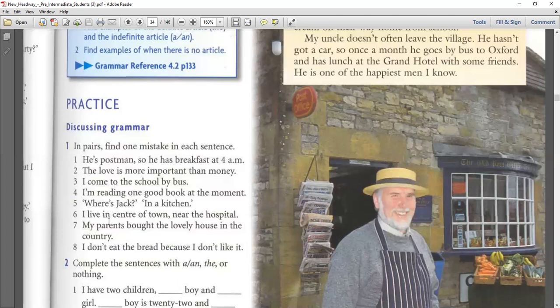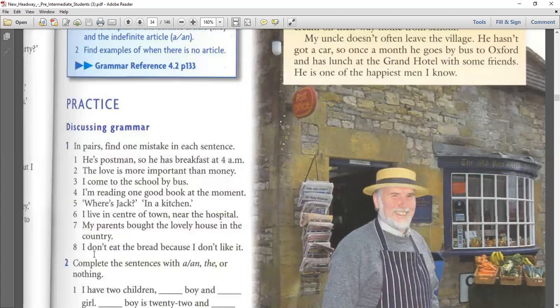We have to say I live in the center of town near the hospital. We put the here. My parents bought the lovely house in the country. My parents bought a lovely house in the country, because we are talking about the house for the first time. So we have to say a, not the.